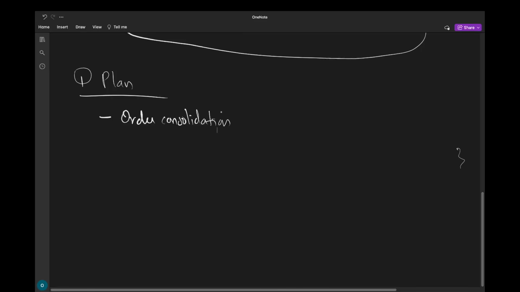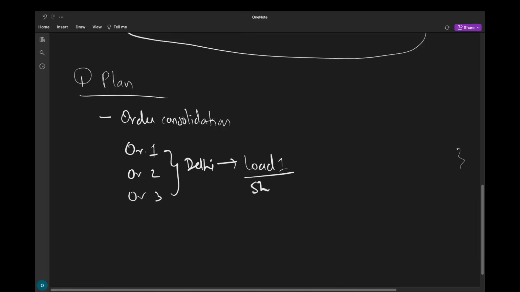So we will consolidate, group orders going to the same region, and it will create optimized loads. For example, order 1, order 2, order 3, and these all orders are in Delhi. So source is Delhi. Then we will load it, create a load 1 or shipment 1, and then send it by road to Mumbai.